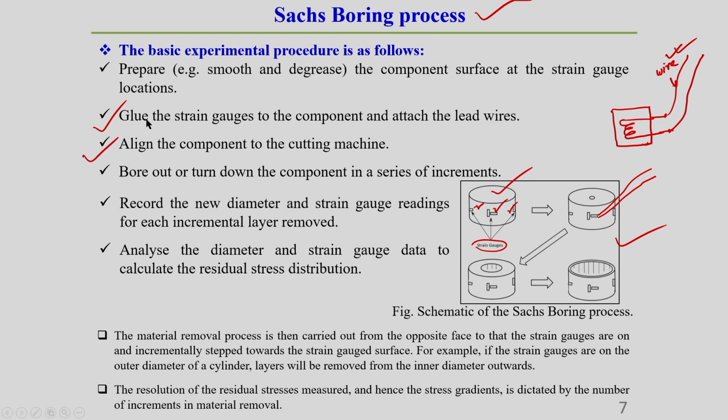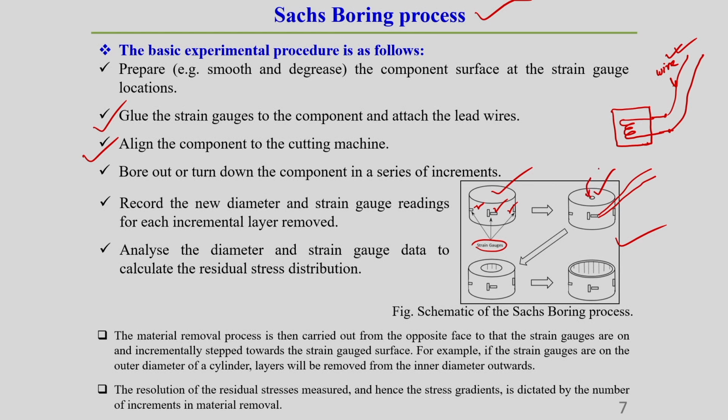So after that, in this boring technique, what is required to do? We have to make a hole. Here you see, starting from a small hole and sequentially enlarging the hole. So to make this hole, first of all we have to align, or position, this specimen in the cutting machine, because we have to make this hole.